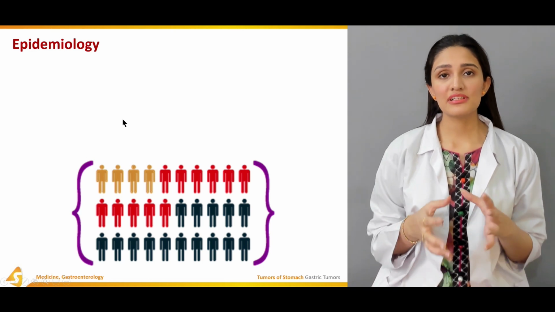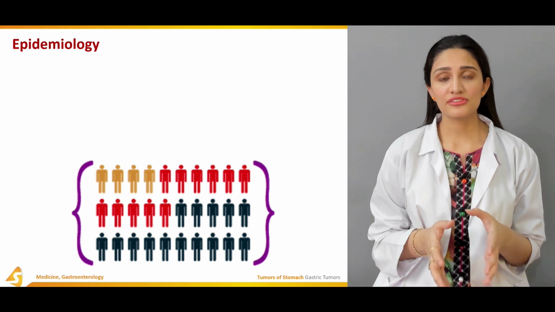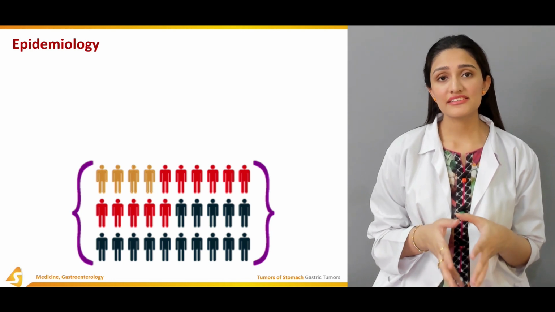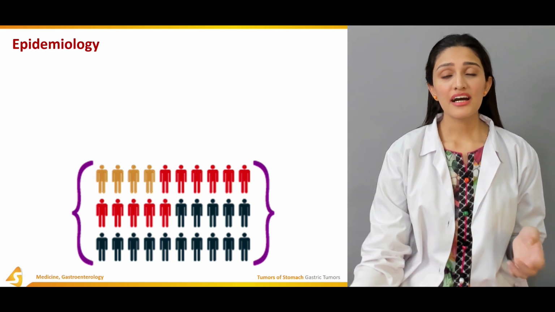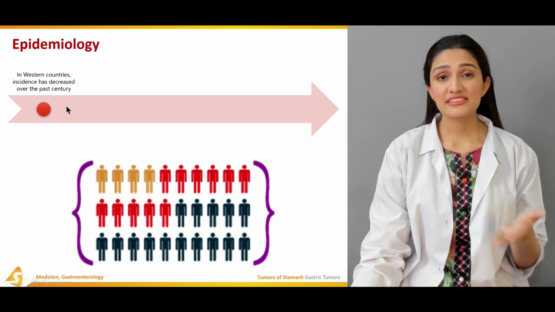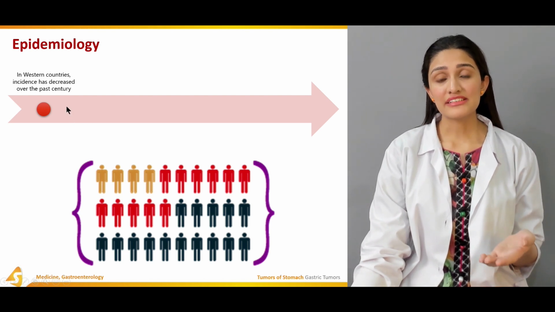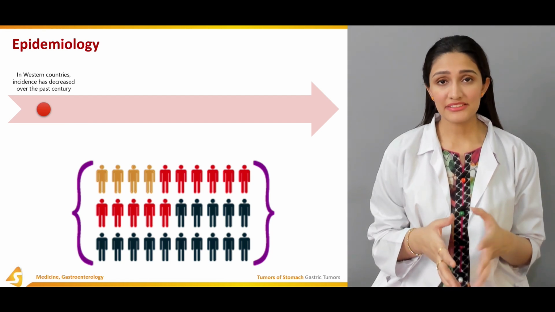So if we talk about the epidemiology, there's a great variation within the different countries of the world, with the highest incidence of gastric cancer being in the Far East. Other than that, gastric cancer has a very decreased incidence in the Western countries, and it has been happening since the past century.